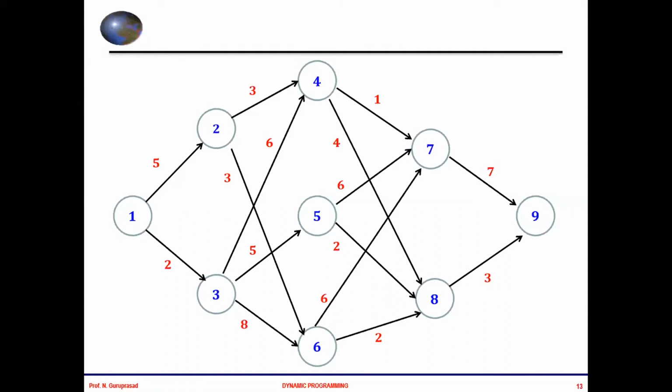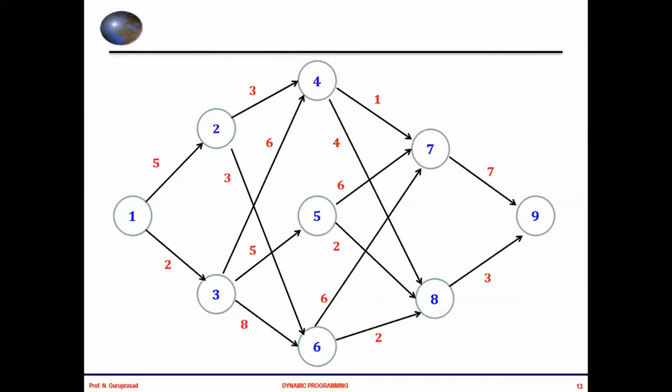Okay, remember this one. Next, we are trying to find out the path using forward approach, that is from 9 to 1. So what we have to do is a sort of backtracking. Backtracking means we have to start from the end and slowly come towards the beginning. Got the point?